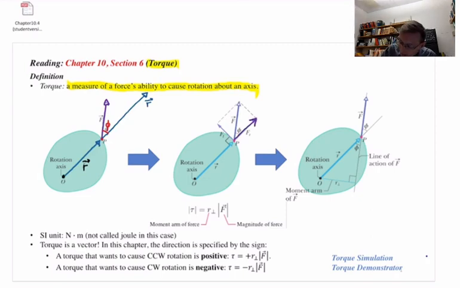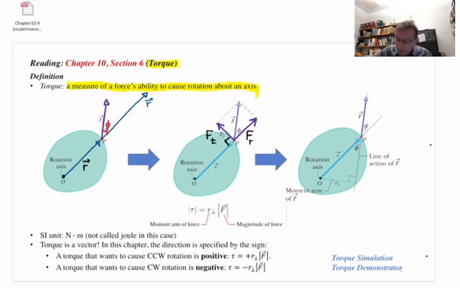And the book calls it the radial component of the force because it's along r. And then another component of the force perpendicular to r. That's right there. And your book calls that the tangential component of the force because it's perpendicular to r. Note the right angle symbol right here.